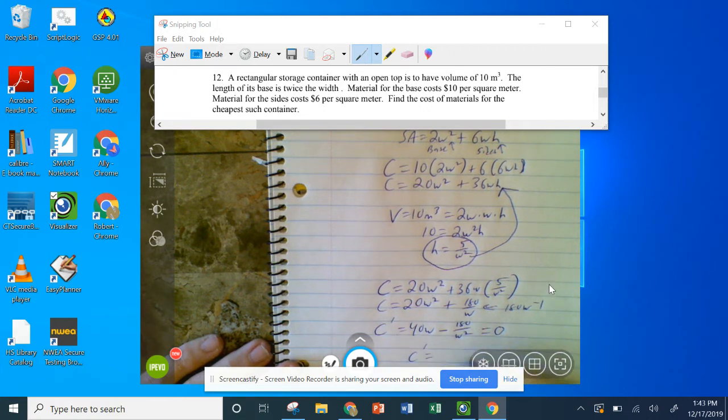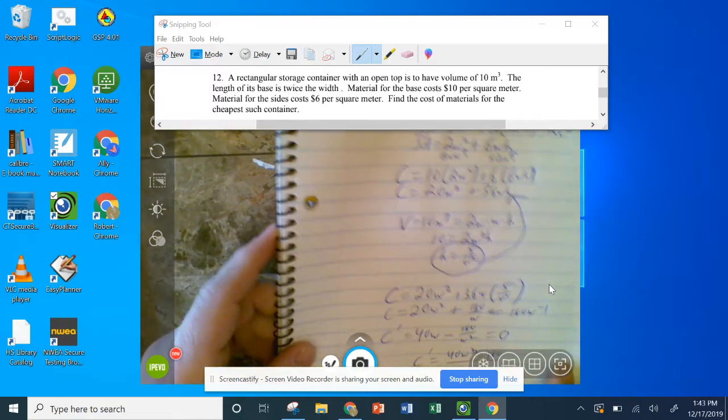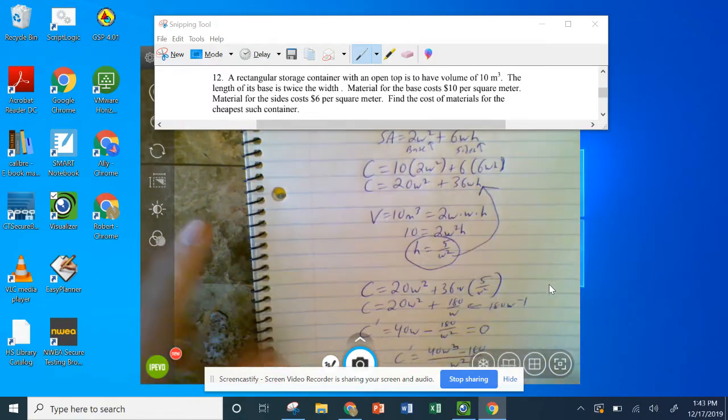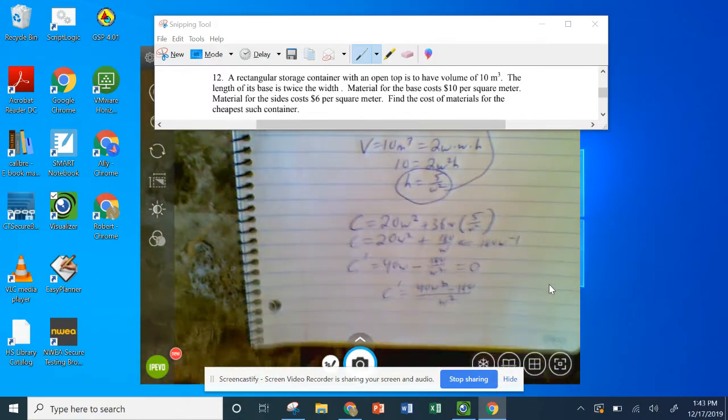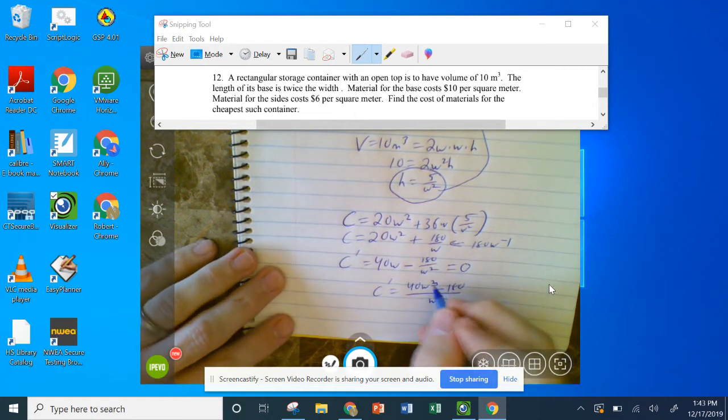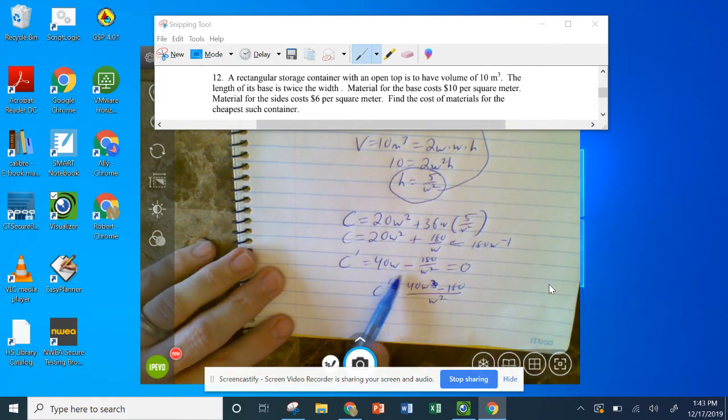So C prime is going to be 40w cubed minus 180 over w squared. Let me explain what I just did. I got a common denominator, w squared, so I multiplied by w squared over w squared.